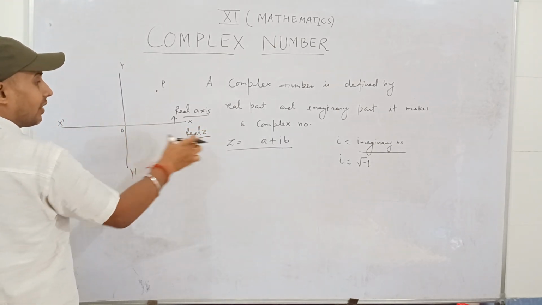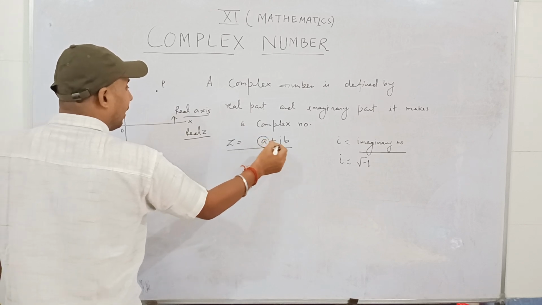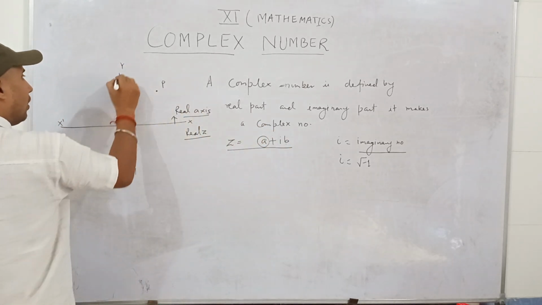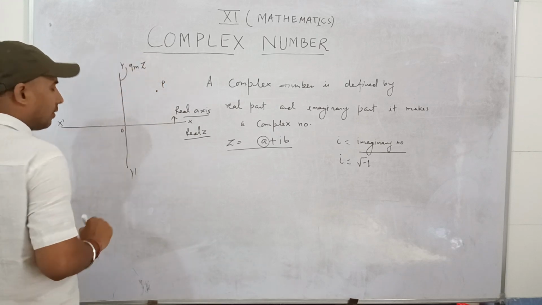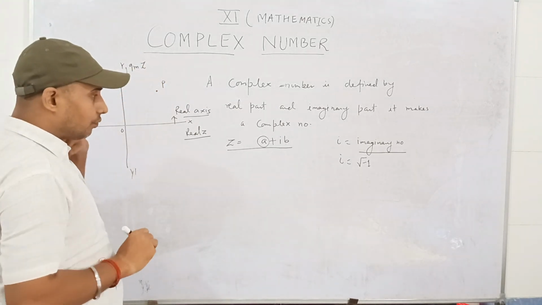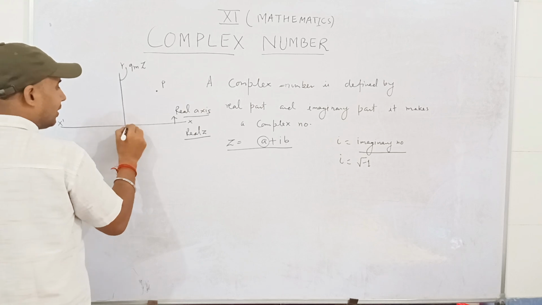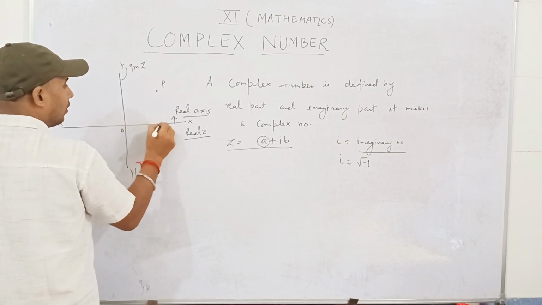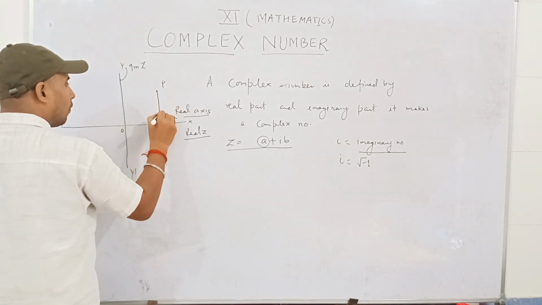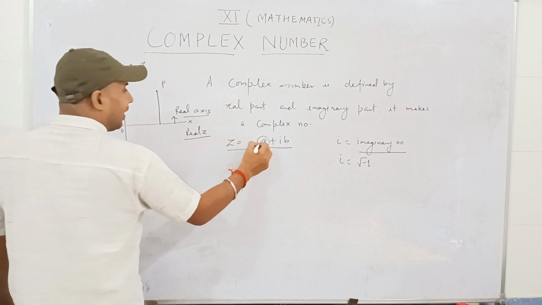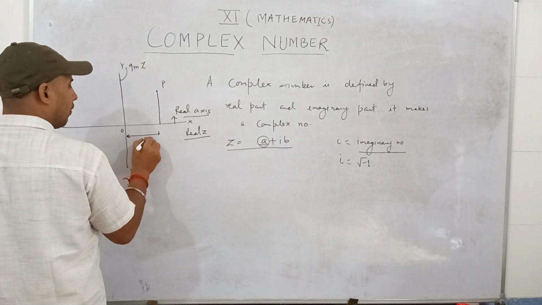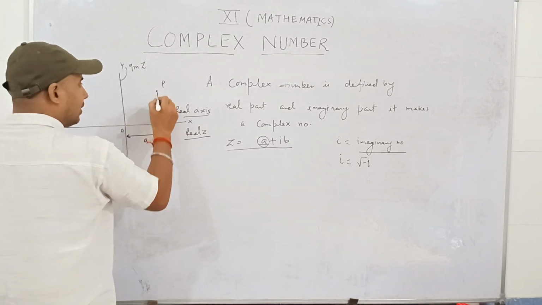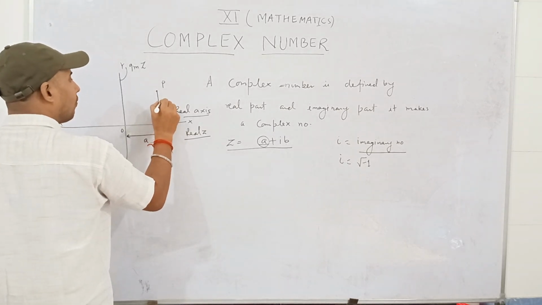The x-axis is known as real z, and this is called imaginary of z. So suppose that this part is small a and this is ib.